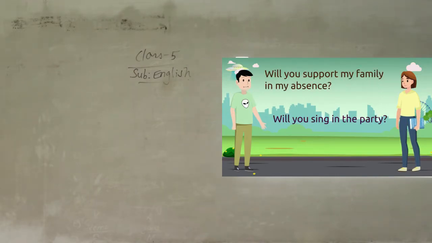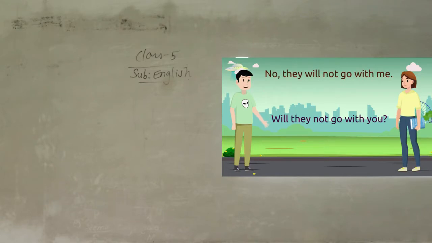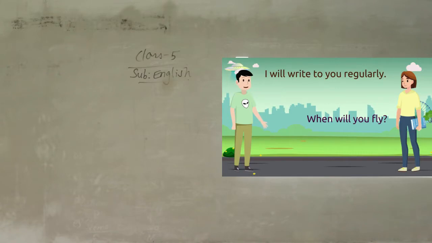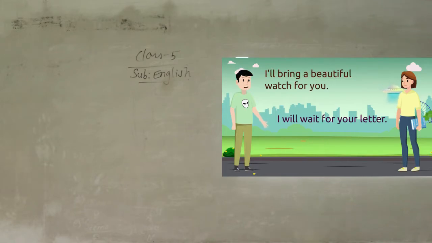Will you support my family in my absence? Will they not go with you? No, they will not go with me. Will you resign your job here? Yes, I will resign my job here. When will you fly? I will write to you regularly. I will wait for your letter. I'll bring a beautiful watch for you. I'll also give you a parting gift.